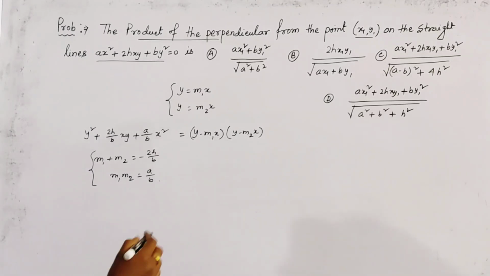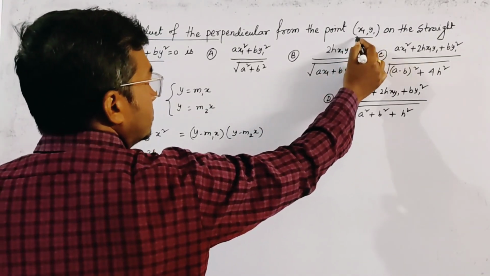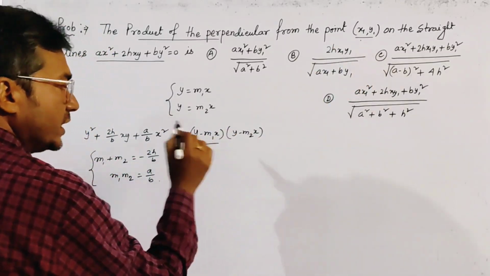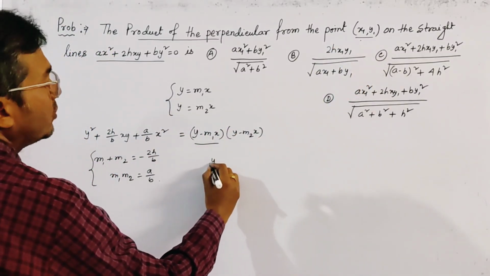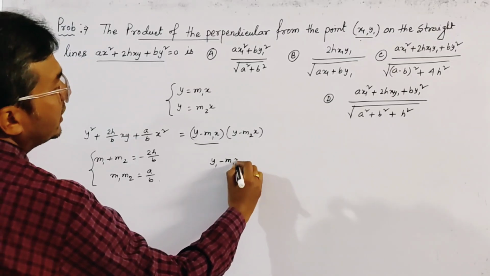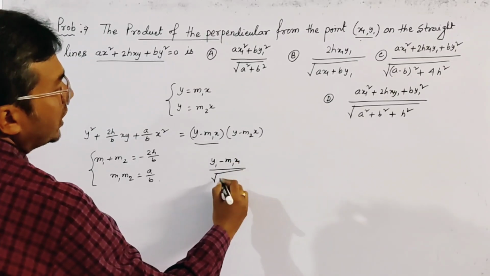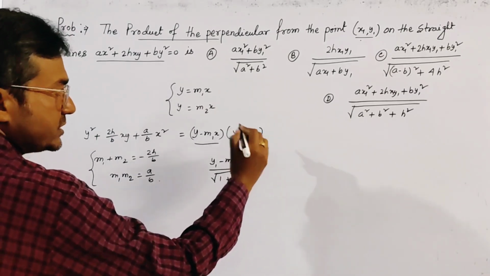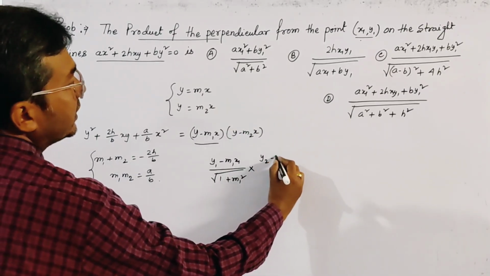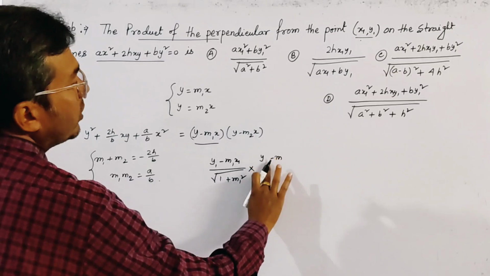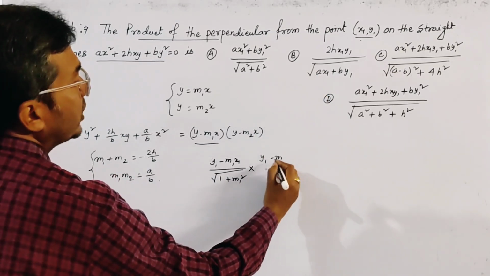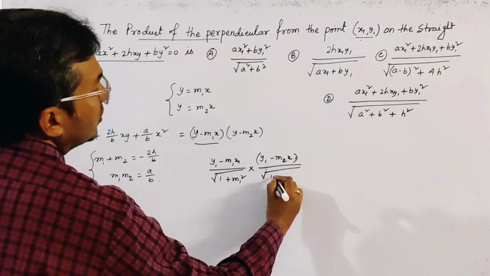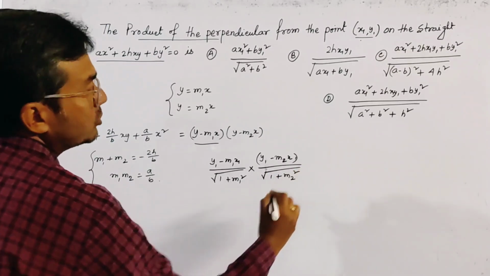Now we find the perpendicular distance from this point to this straight line, which is given by (y1 − m1x1)/√(1 + m1²), and for the second, it is (y1 − m2x1)/√(1 + m2²), because the point is the same.